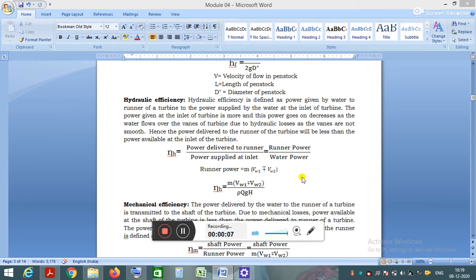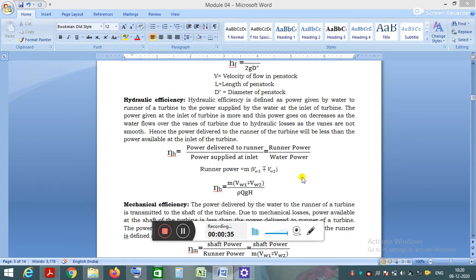In the last class, we started discussion on hydraulic turbines. We discussed what is meant by hydraulic machines, what is a hydraulic turbine, and what the classifications of hydraulic turbines are based on the action of water and based on the blade design.